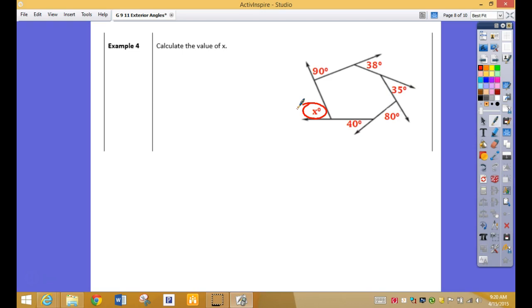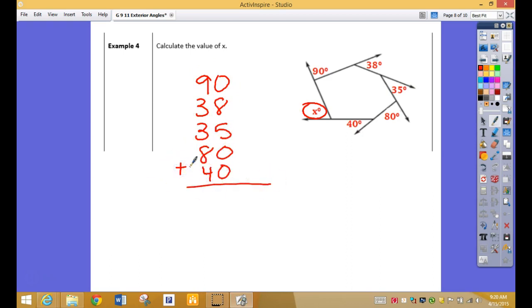There's a couple ways you could do it. You could take your calculator and subtract 90, 38, 35, 80, and 40, whatever's left over. That's the remaining exterior angle. Or you can go 90, 38, 35, 80, and 40. Add those all up, and that would be 283, I believe.